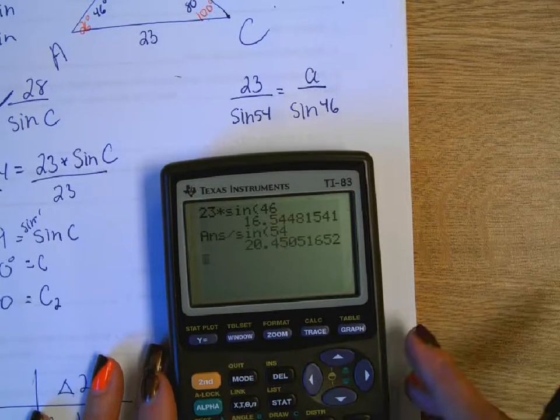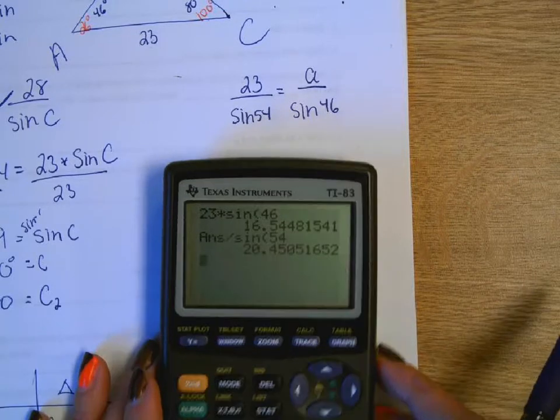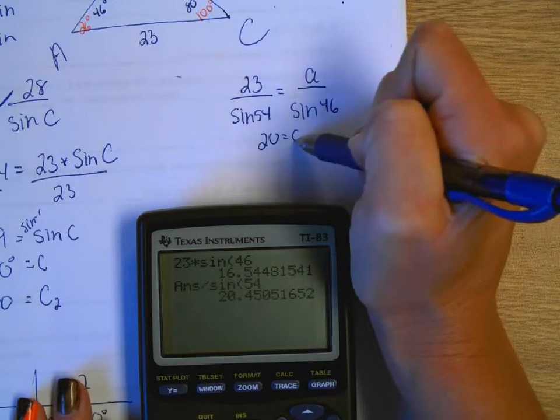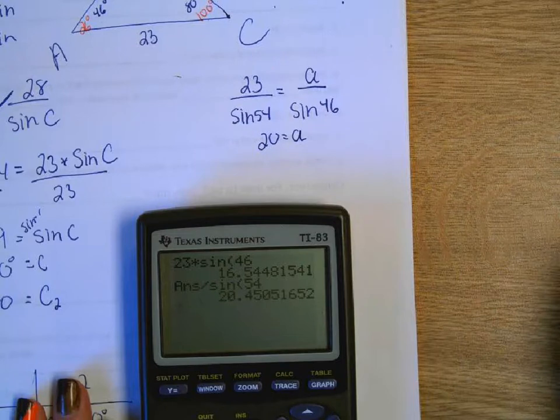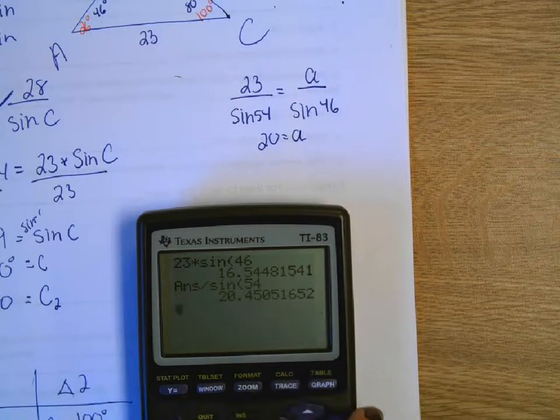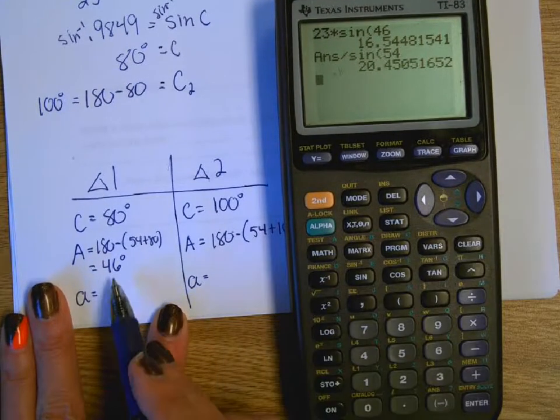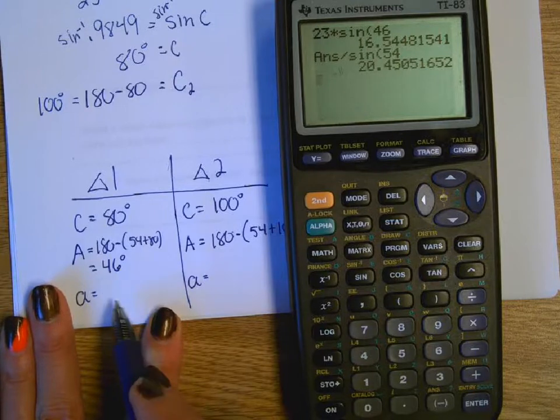Little a is 20, with 2 sig figs. So that was with the 46 degree angle, so I'm going to put that in its right spot. When A was 46, we got a little a of 20.